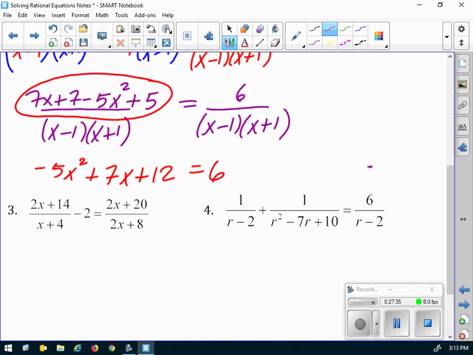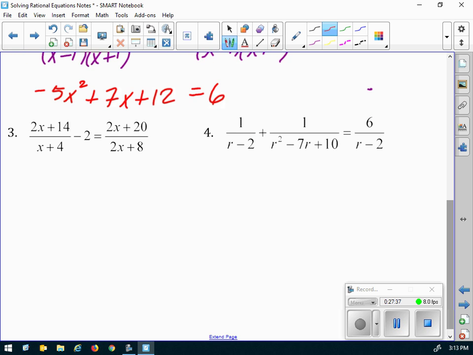Well, I don't want to do that at this moment. What's the biggest exponent I see? 2, quadratic. And if I have a quadratic, I sure don't want that thing to be negative. So I got to set this thing equal to 0, right? No, I don't want to subtract 6 because that negative 5x squared is going to stay negative.